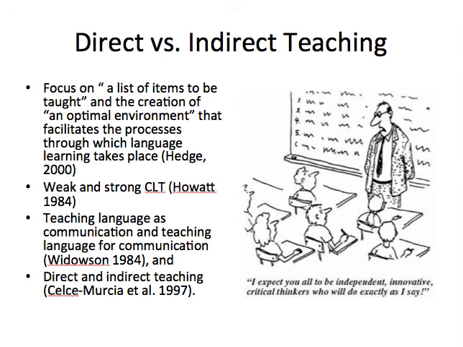So if we think of methodologies like the audiolingual method, or grammar translation is a better example, it is very direct teaching. And then the reaction to that in terms of communicative language teaching, especially strong communicative language teaching, if you think of the ideas of Krashen, who doesn't believe in explicit grammar teaching, then you have a very indirect way of teaching.